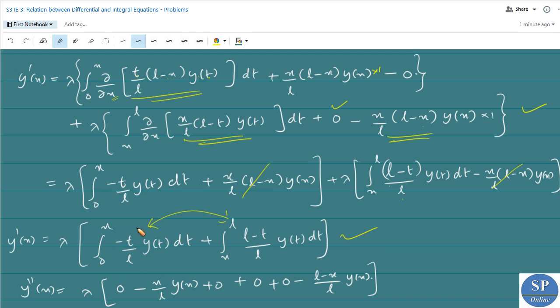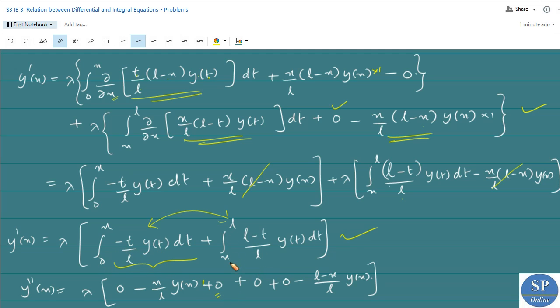The first term is a function of t only, so it is 0. The second term, replacing t by x, is minus x/L y(x) times x', which is 1. The third term, replacing t by 0, is also 0.